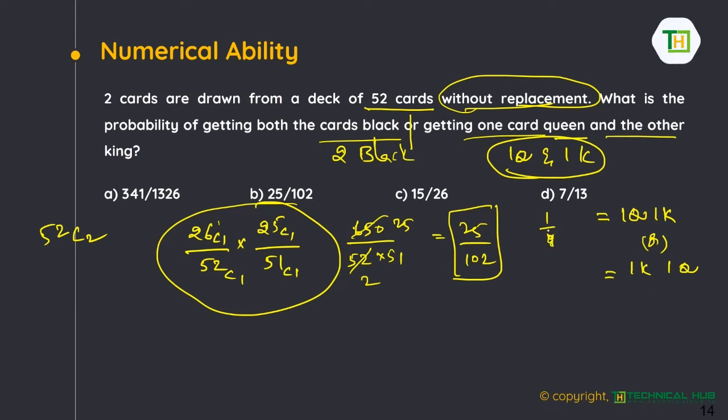Guys, in the denominator you need to take 52 into 51. Here the first one is 4, here also 4, which you can cancel with 2. Here it is 26.